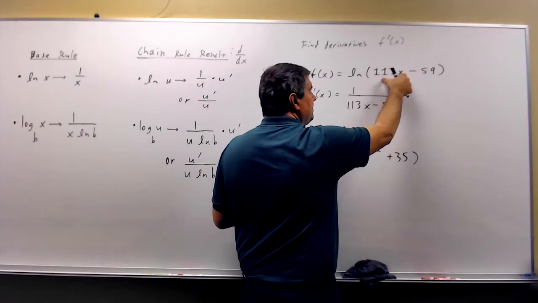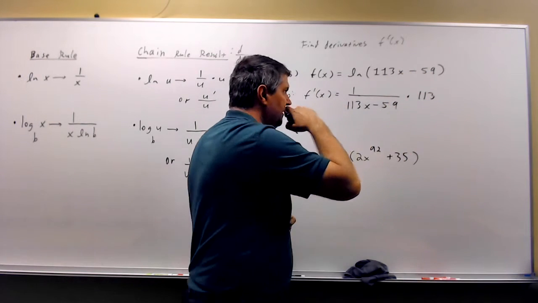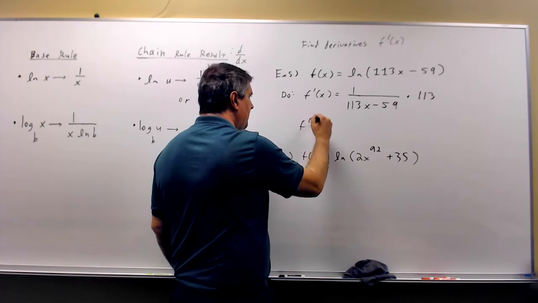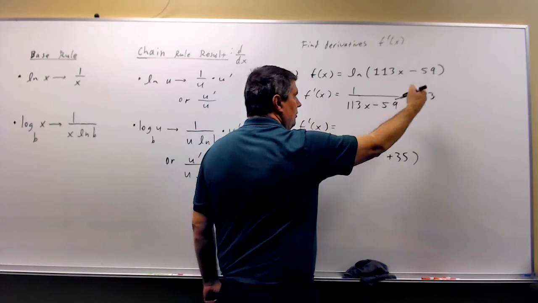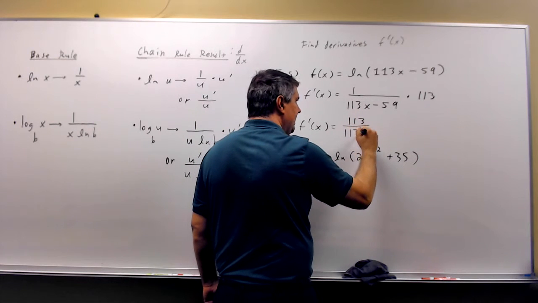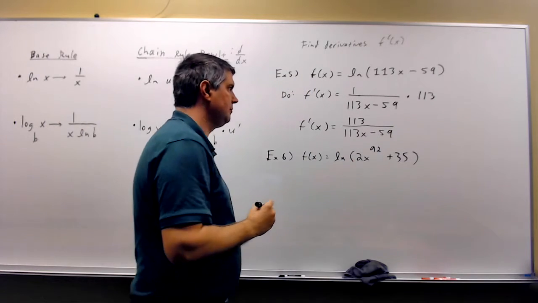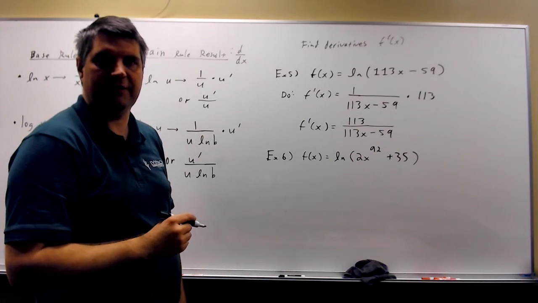The derivative of 113x minus 59 is just 113. So f prime of x, this times 1 is 113 over 113x minus 59. That's the derivative of that one.